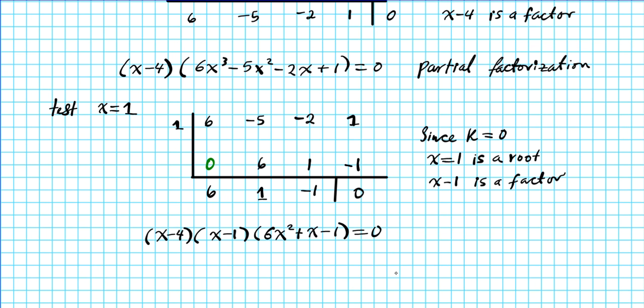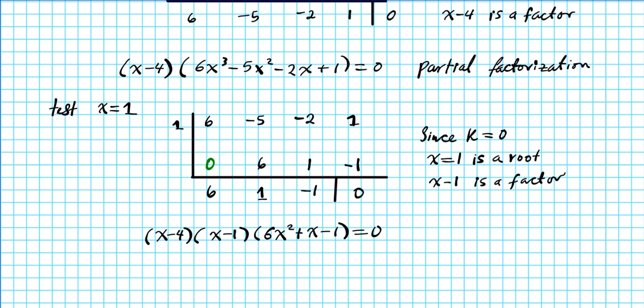Now, since we need the complete factorization, this remaining polynomial here needs to be checked for factorability. Okay? So can we factor this remaining polynomial here? This is a quadratic trinomial.